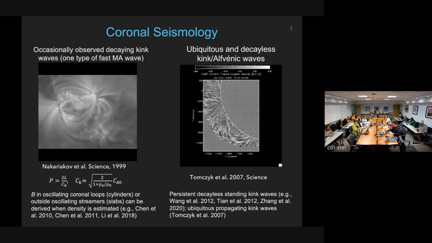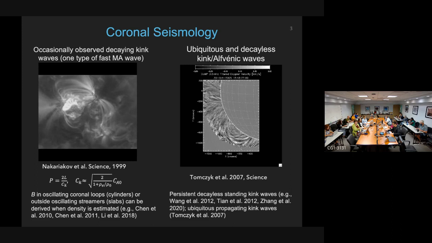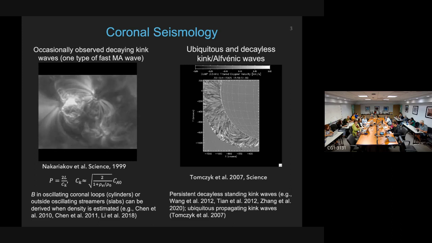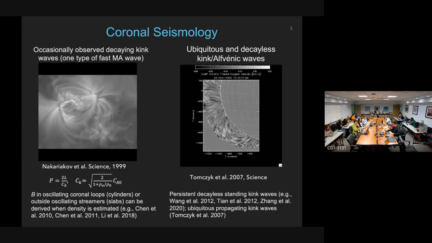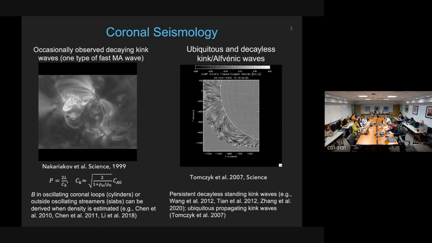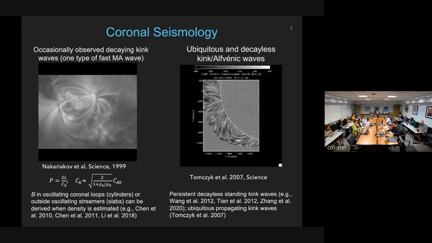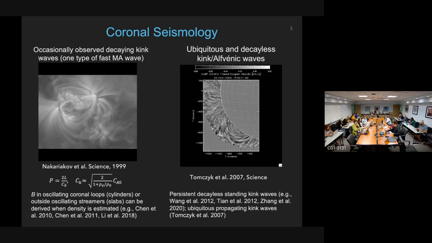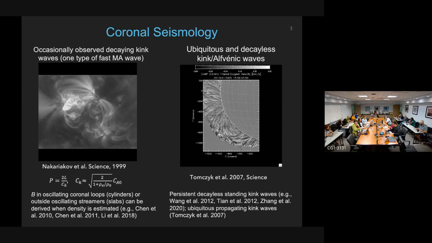For example, here on the left, during a flare, we can see the flare triggers the local oscillation of the coronal loops. And by analyzing these oscillation patterns, we can relate the wave parameters to the coronal physical parameters such as magnetic field.